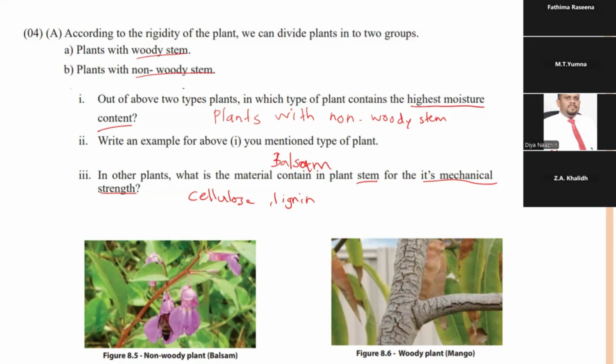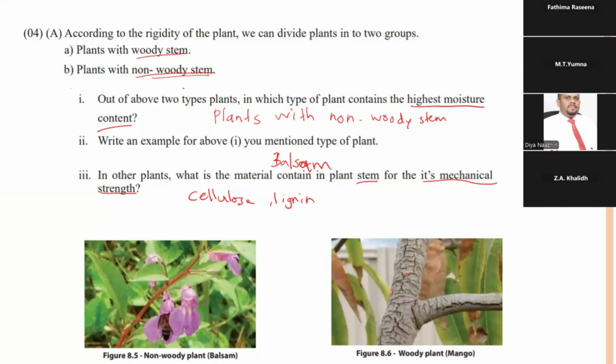So based on their strength, there are two types of plant, with woody stem and non-woody stem. The mechanical strength in woody stem plants is given by cellulose and lignin. If these two materials are present, we call that plant a woody plant.